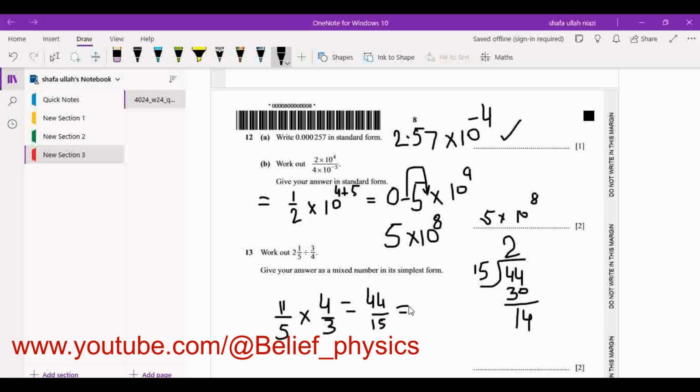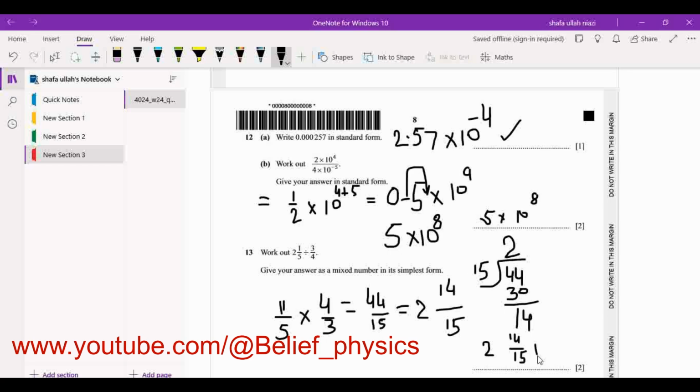So this can be written as 2 whole 14 over 15. So the answer should be 2 whole 14 over 15.